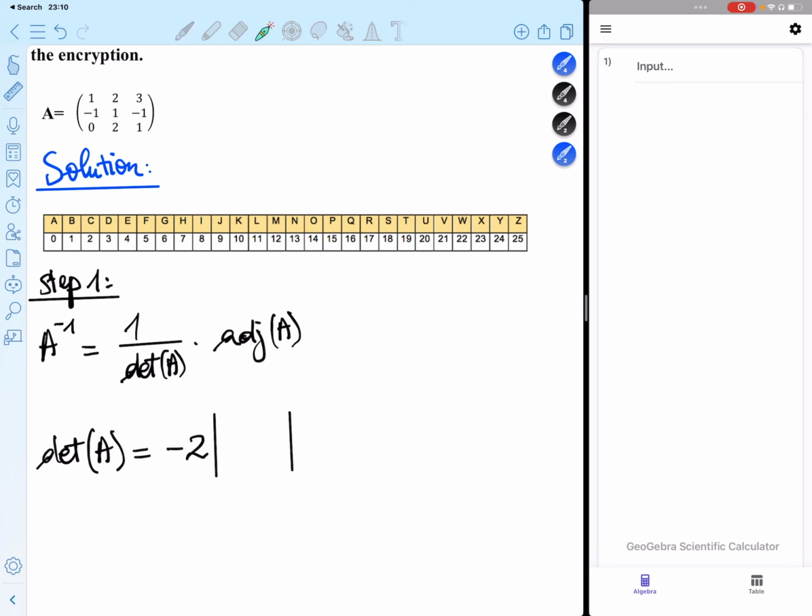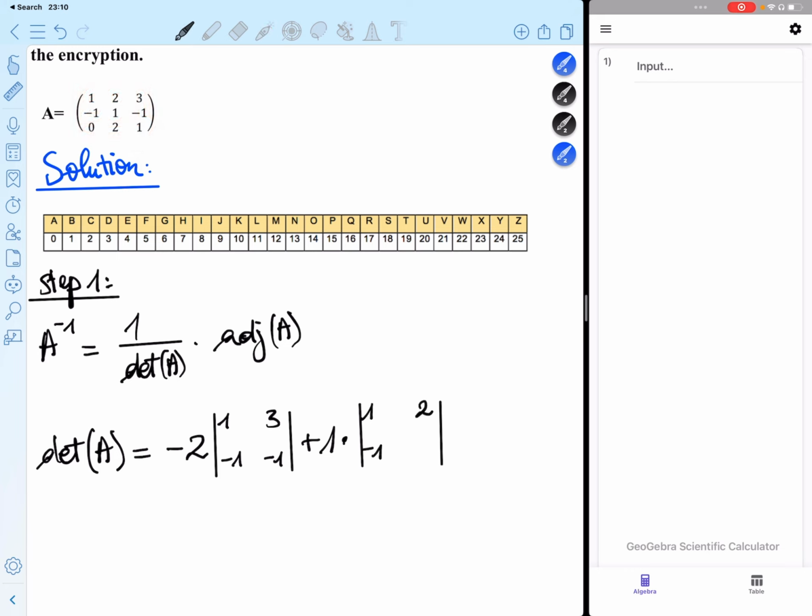If I hide this, so 1 3 minus 1 minus 1, so 1 3 minus 1, then plus 1, which is this one, times the determinant of, I'm gonna hide this one where there is the 1, so I'm gonna have 1 2 minus 1 1.